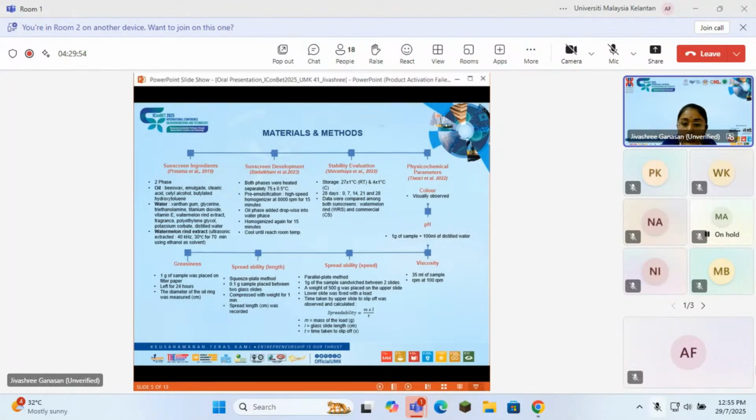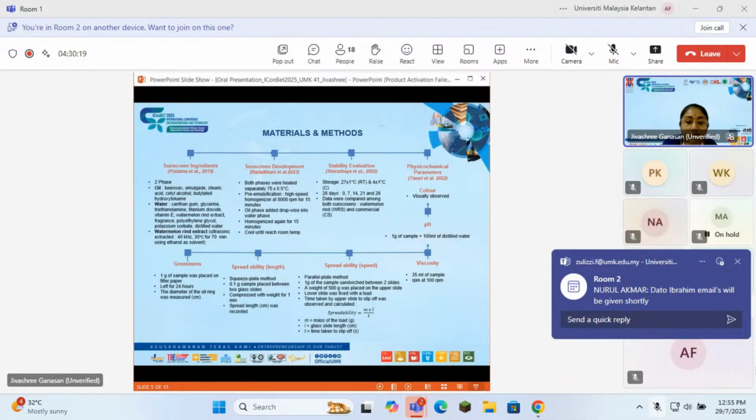pH was measured using a pH meter, and viscosity using a viscometer at 100 RPM. For spreadability, there were two measurements. One is for speed, using the parallel plate method with two slides, depending on the weight to cause the first slide to slide off.